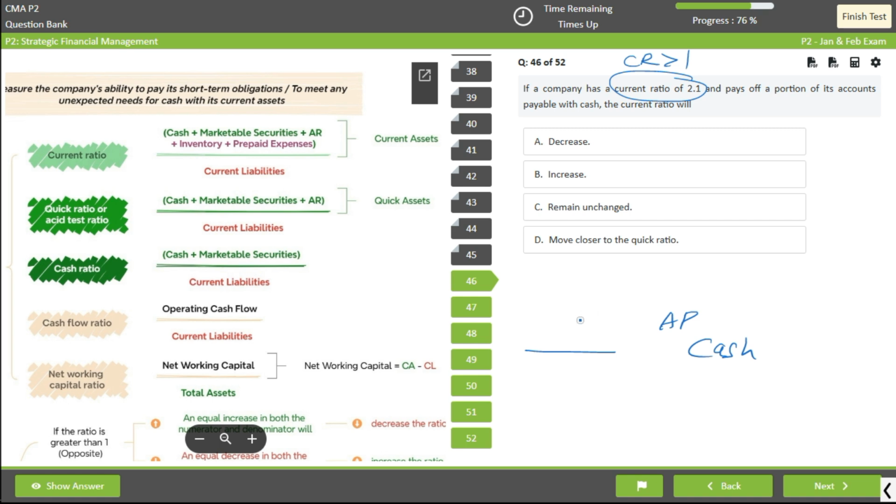So what entry do we pass? The entry that we pass is that accounts payable is debited and cash is credited. So the current ratio is greater than 1. What happens is you are decreasing your numerator and you are also decreasing your denominator. So an equal decrease in both the numerator and the denominator will increase the ratio.